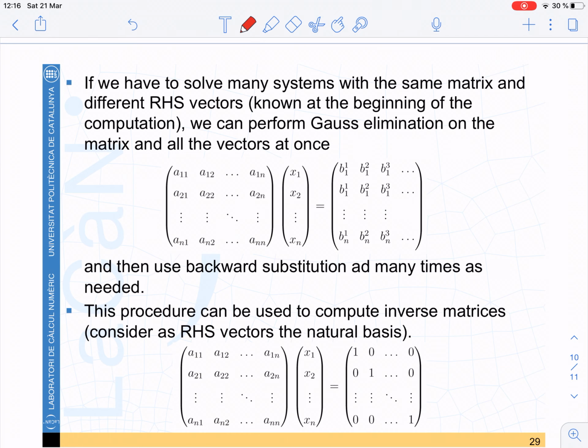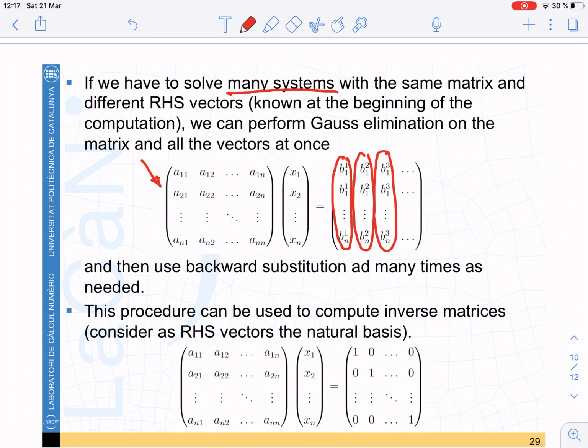As a final remark, let us note the following. If we need to solve many systems with the same matrix A and different right-hand side vectors b, so that's b1, b2, b3, and if all these vectors b are known a priori, we may then solve all the systems at once.